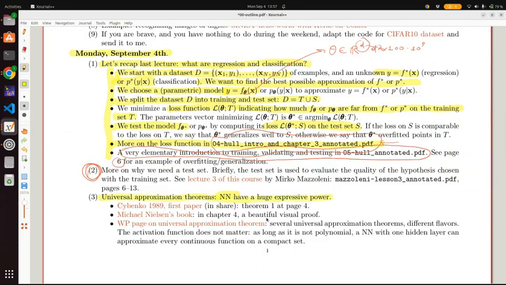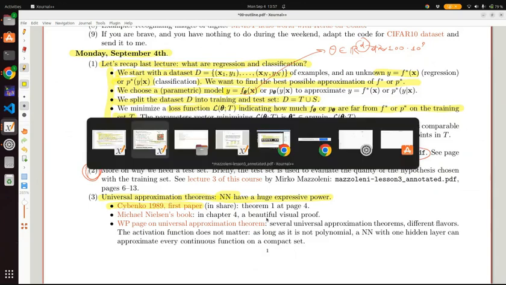That is, for neural networks, you can prove a family of theorems, similar but with different statements, that are called universal approximation theorems. And I will show you the first one, the original one, which is a paper by Cybenko in '89. I will show you the statement just to let you understand what we are talking about. So theorem 1 at page 4.